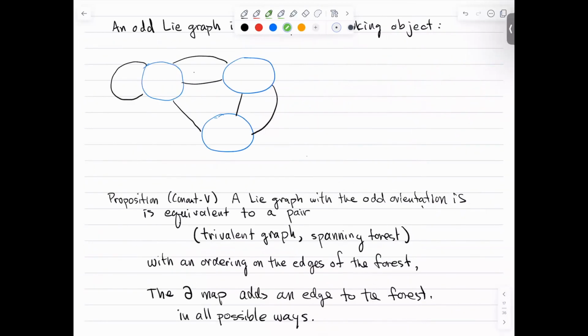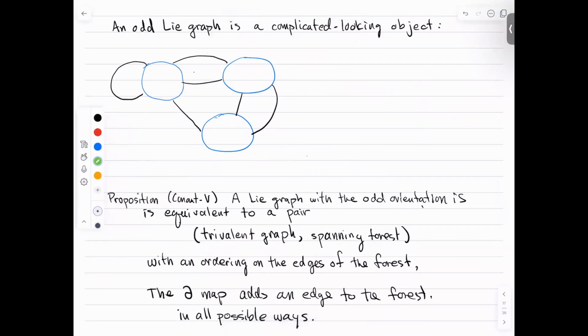Yeah. So let me point out that an odd Lie graph is a complicated looking object. Okay, so I have a graph. Let's do the odd orientation. So I've got arrows on all these edges. I've got an ordering of the vertices. And in each vertex, I've plugged in a little Lie graph.